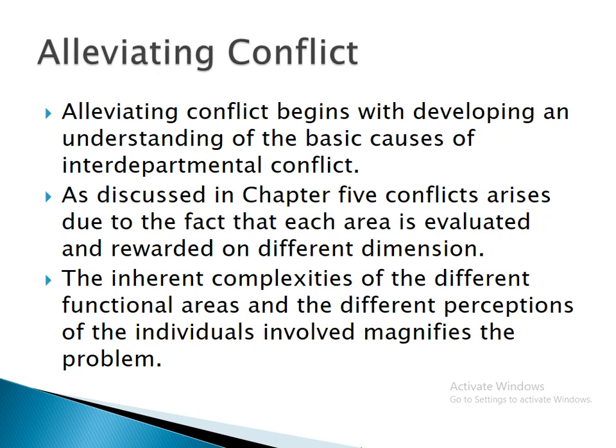As we have discussed in the fifth chapter, the conflict arises due to the fact that each area is evaluated and rewarded on different dimensions. The inherent complexities of the different functional areas and different perceptions of the individuals involved magnify the problem.